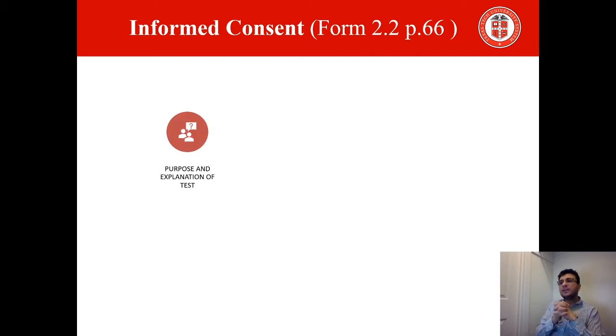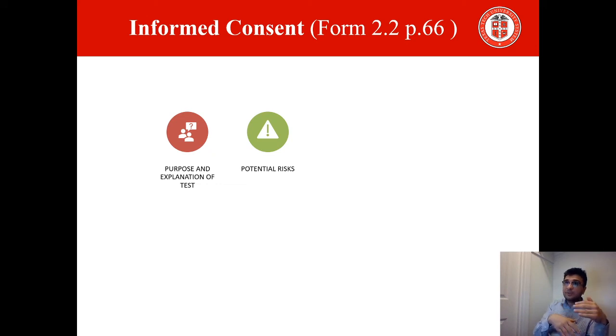The first one is the purpose and evaluation of the test. You should make the person very clear about the purpose of your research and what you are going to do with him once he's performing your test, very, very explicitly. Now, this is again a really big thing. You should tell him the potential risk which can happen if he wishes to enter into that study.